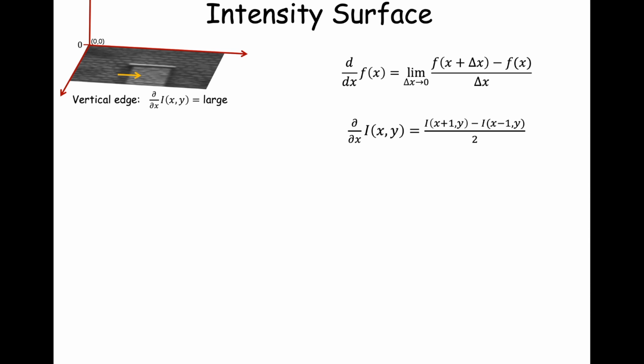We look at it 2 pixels away, because for delta x we have the first pixel that we're in and then the second pixel. When we look at the first location where we're measuring the pixel intensity, it's I of x plus 1 comma y, because we're going to the right. And then we also have I of x minus 1.